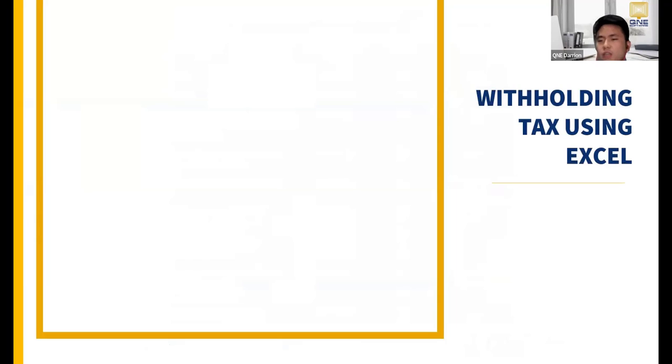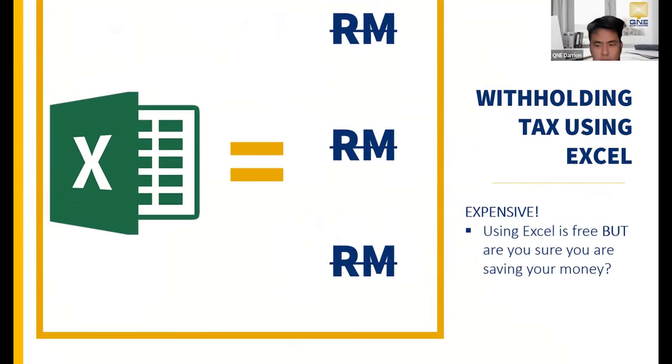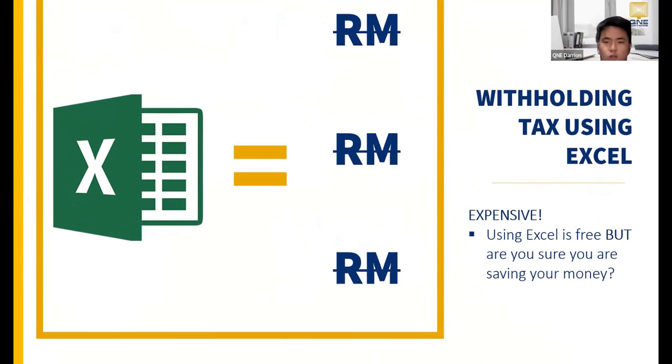So if you use Microsoft Excel to do your withholding tax, you might be thinking that you are saving money, right? Why? Because Microsoft Excel is free, isn't it? You are probably thinking, yeah, this kind of tax, I just need to key in the formula and all that, and all will be settled, right?